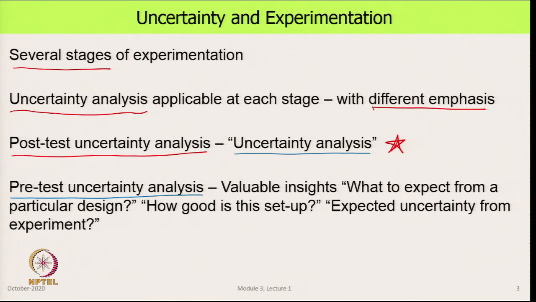In all of that, pre-test uncertainty analysis gives us very valuable insights. For example, we can say, well, what can we expect from a particular design? And I will illustrate that with a few examples in a few minutes.